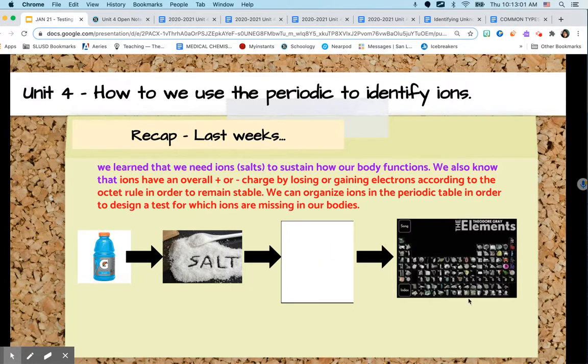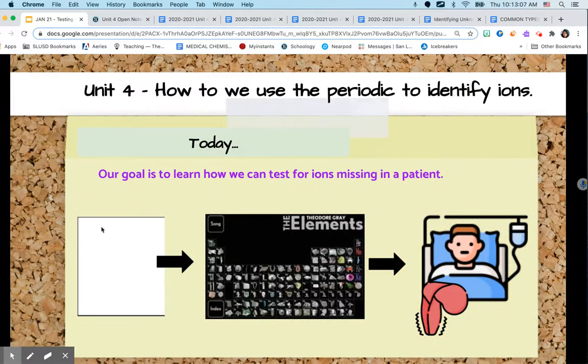Then we talked a little bit about the periodic table and the patterns in the periodic table. Today we're putting together what we learned about ions and the periodic table in order to use 3 tests to figure out which ion our patient might be missing or might have too much of.